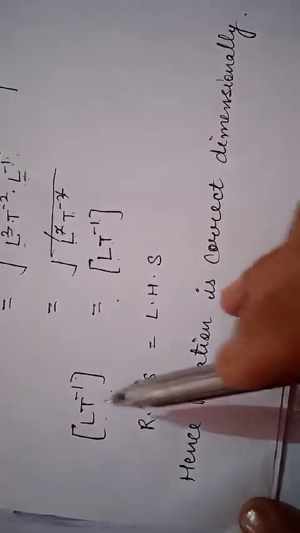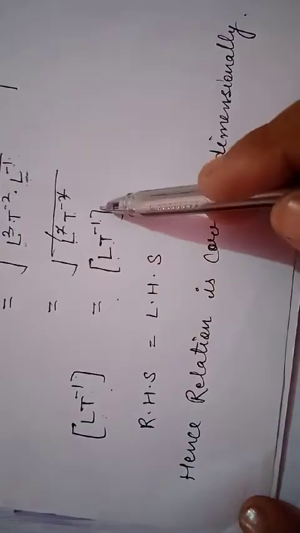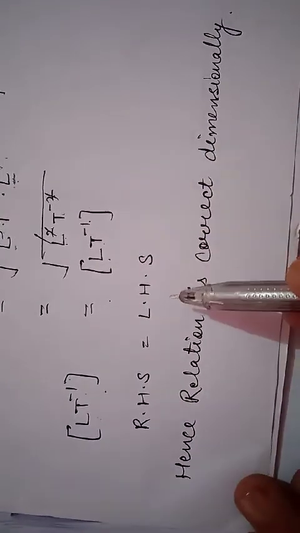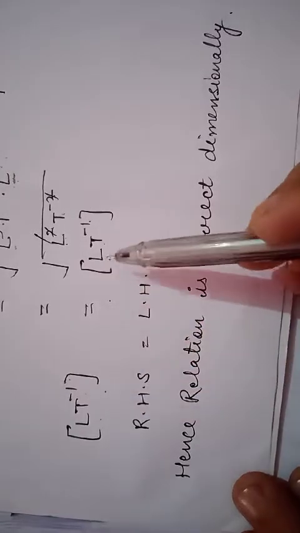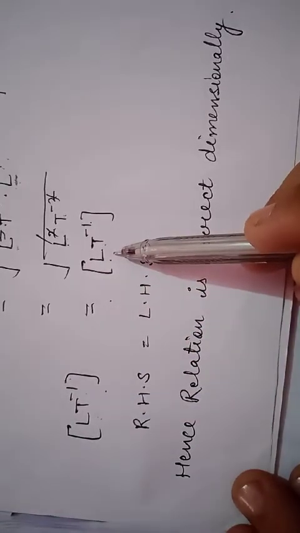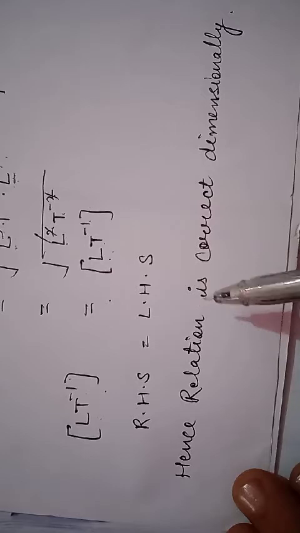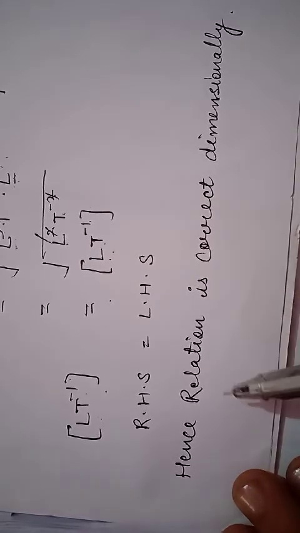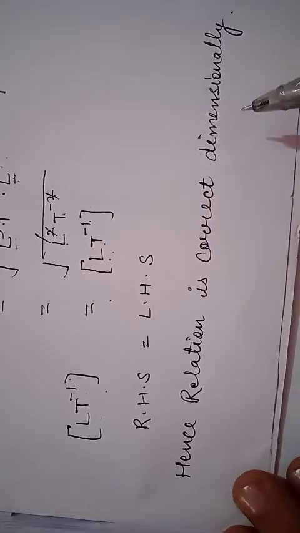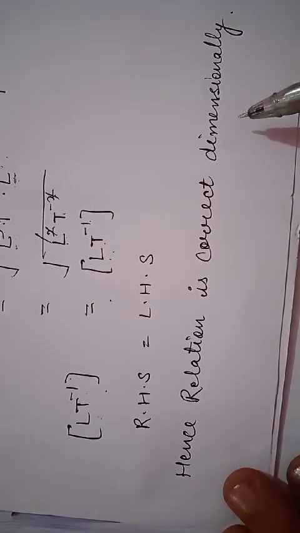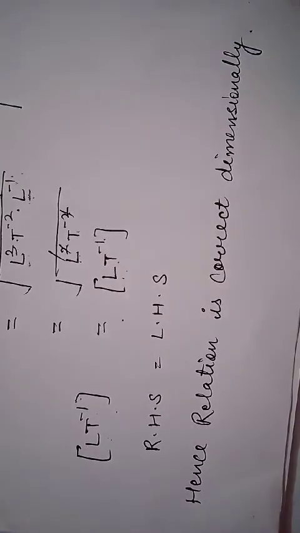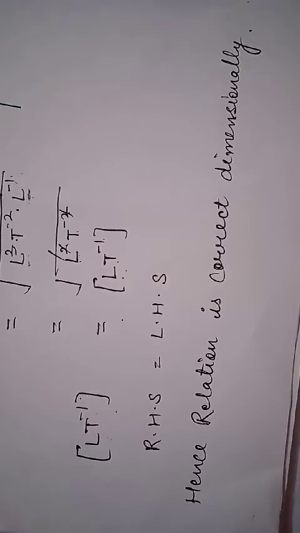The right hand side is equal to the left hand side, which means the given relation is dimensionally correct. Hence the relation is correct dimensionally. So this is about this numerical. We have solved the numerical based upon checking the correctness of the relation.